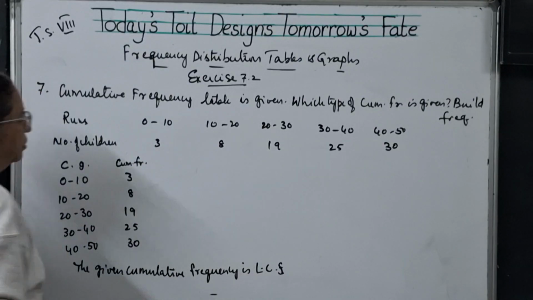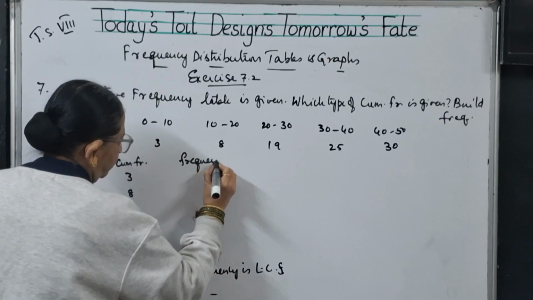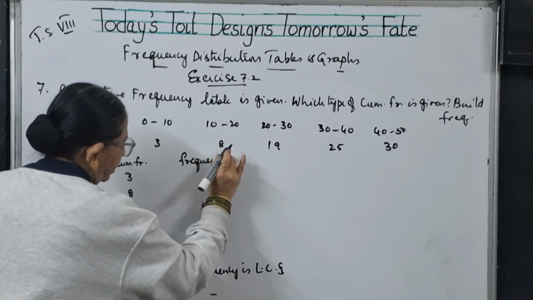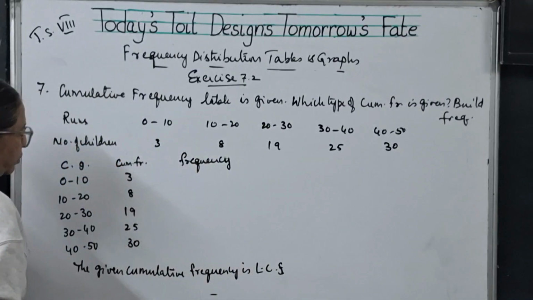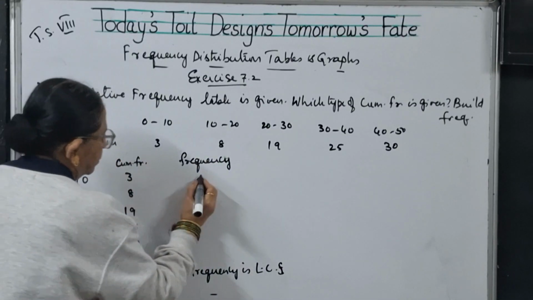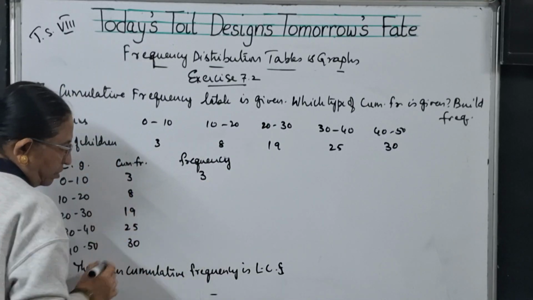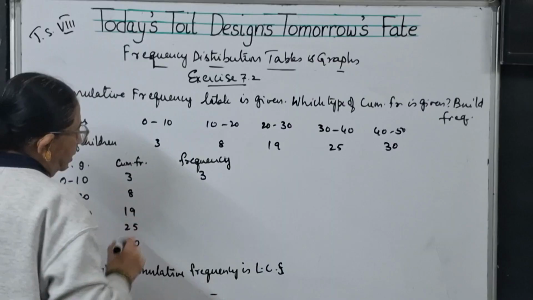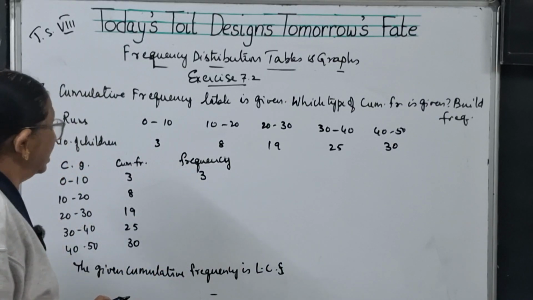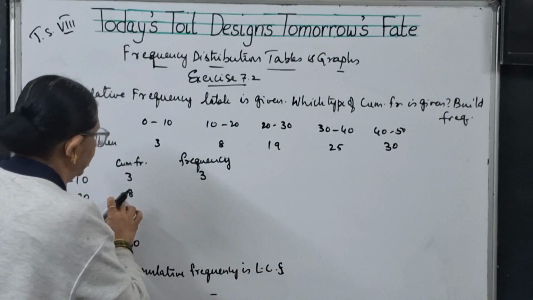Now you have to find out the frequencies for it. How will you write the frequency? See, when you are writing frequency from cumulative frequency, the first number we write as it is. So let me write it as 3. Now the next ones are the differences of the corresponding cumulative frequencies. So 3 plus something is 8 here.